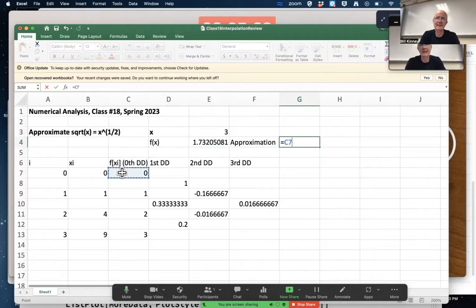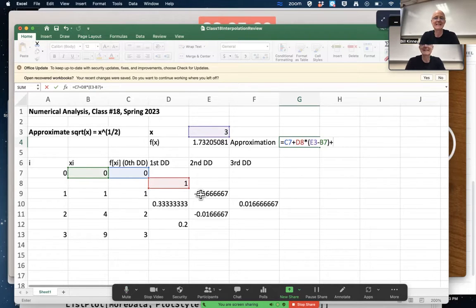Approximation. We'd have to do this, remember, plus this times x. In general, it's x minus x0, but x0 is 0. So maybe I should emphasize that by doing this. Like that. In general, x0 is not going to be 0.